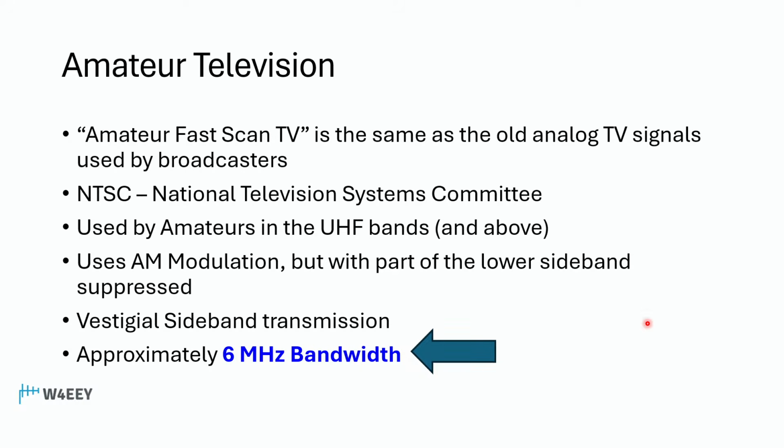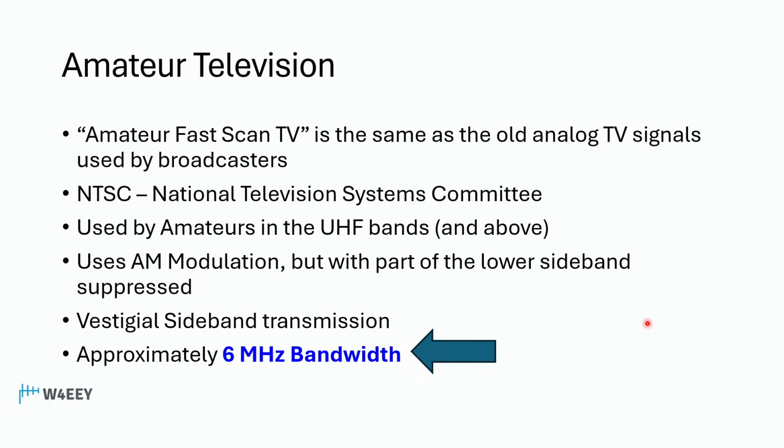It's the NTSC system, which stood for the National Television Systems Committee. It's used by amateurs in UHF and above. I'll tell you why here in just a second. Interestingly, it uses AM modulation, as did broadcasters, but with part of the lower sideband removed or suppressed. That's why we call it vestigial sideband.